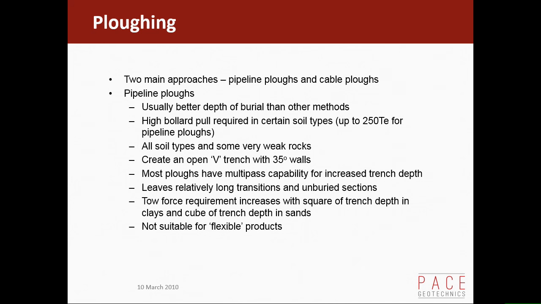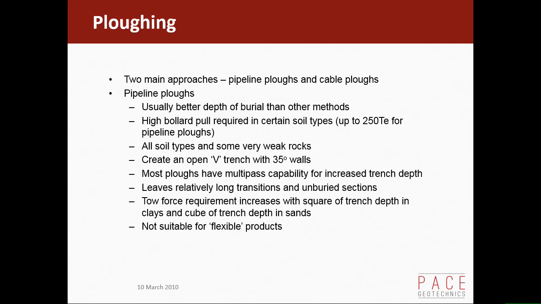What we do is create a V-shaped trench, which I'll show. So the plough picks up the pipeline, and then as the plough passes, it sits down into the trench.